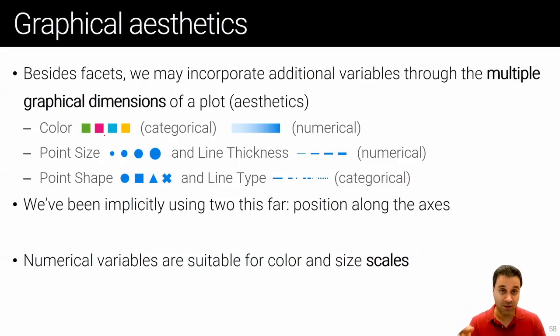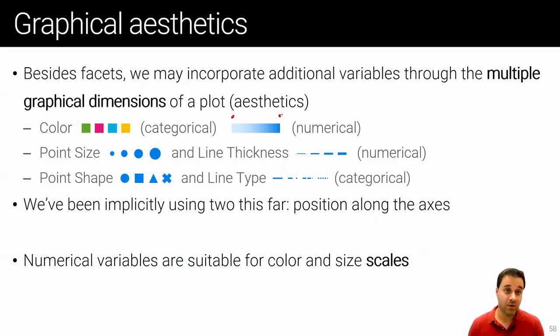If it's a numerical variable instead of categorical variable, then normally what we have is a different gradation of the color. So something like going for light blue or dark blue, depending on whether you have low values or high values in your variable. Think, for example, of the point size.